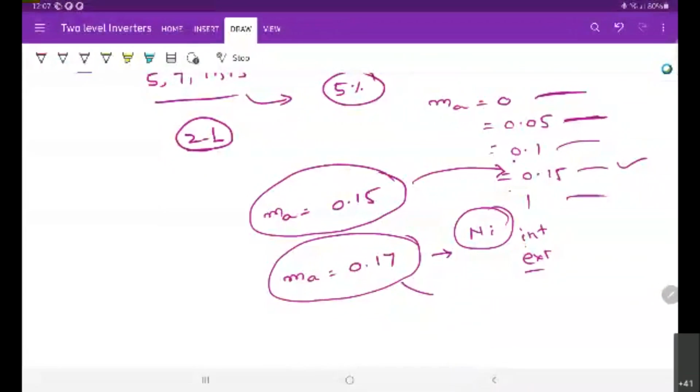That's why this selective harmonic elimination is very difficult in closed loop applications. In closed loop applications, MA is constantly changing, so every time you need to look up the angles and implement them. Moreover, once an angle is implemented, you cannot change it within one fundamental cycle.